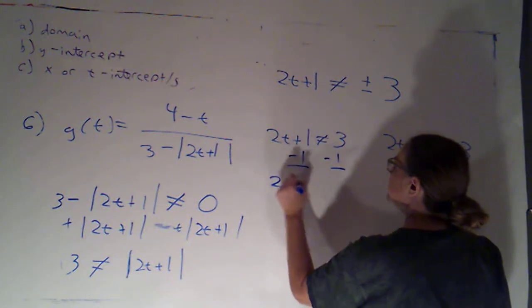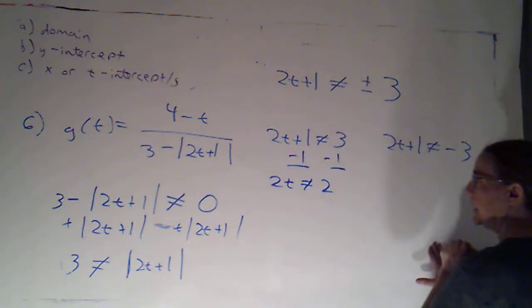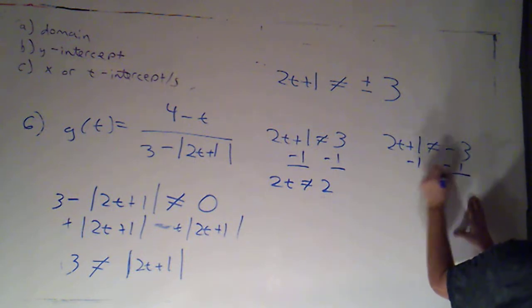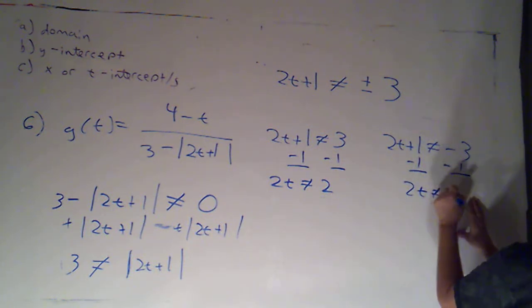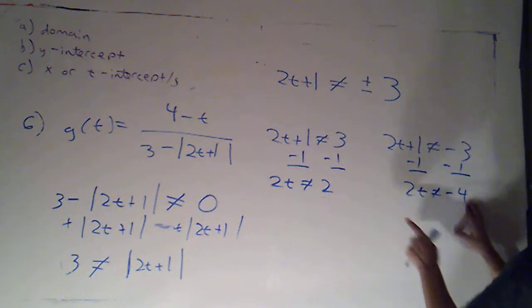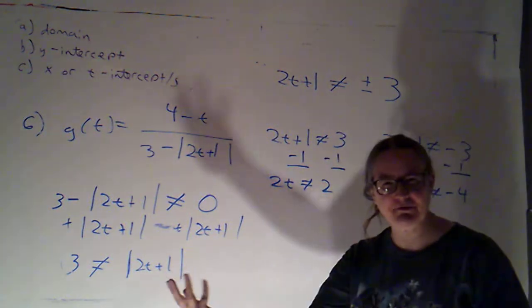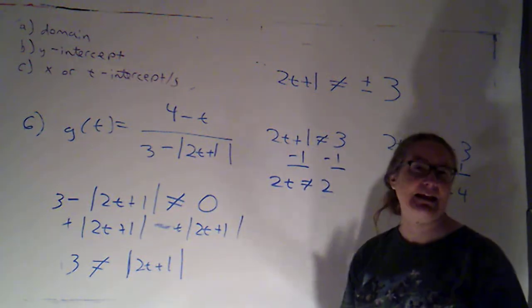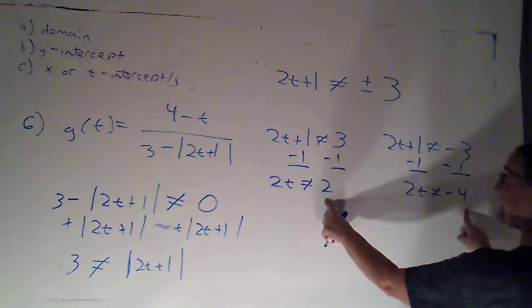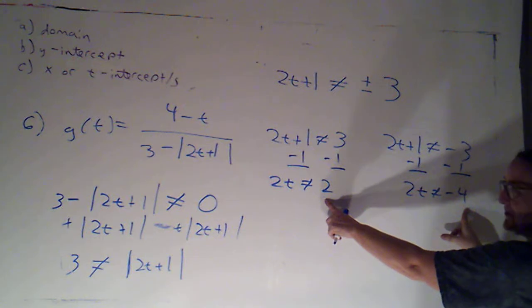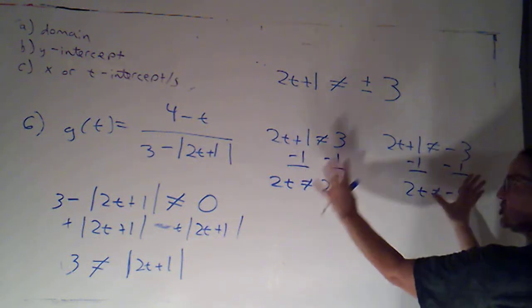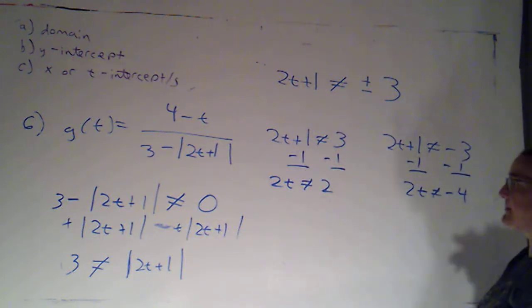So here, 2t cannot equal 2. Here, when I subtract the 1 over, though, I get 2t isn't negative 4. Notice I can't simultaneously subtract 1 from positive 3 and negative 3 because they give me different answers. And the two answers that I get are not opposites of each other. So I have to just write this as two separate things that I'm solving.